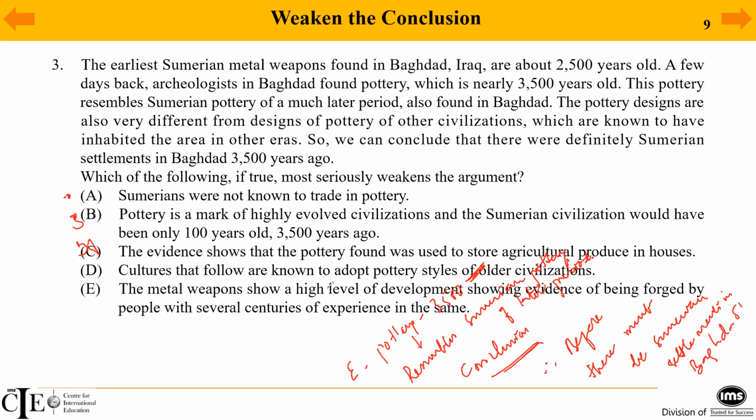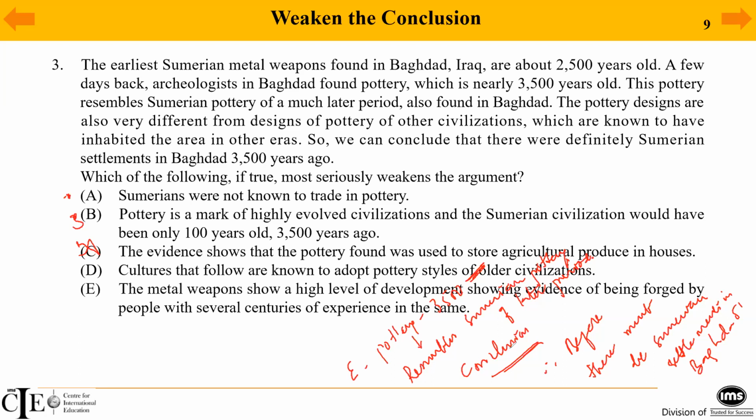Now, cultures that follow are known to adopt pottery styles of older civilizations. What does that mean? Sumerian pottery came later, right? So if option D is correct, that cultures that follow the Sumerians are adopting the pottery styles of older civilizations and not vice versa, then this will be wrong.